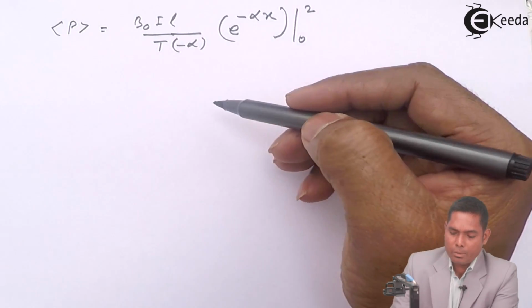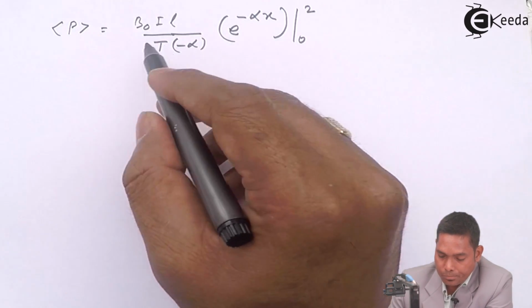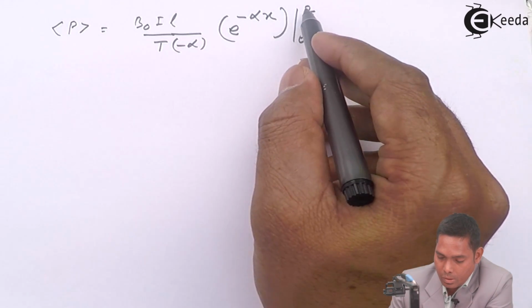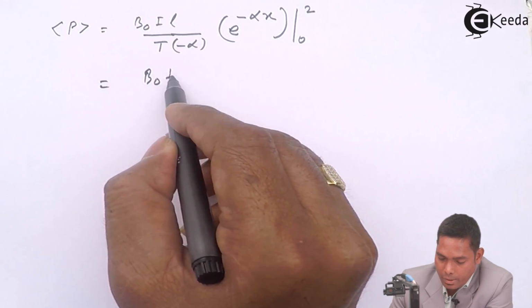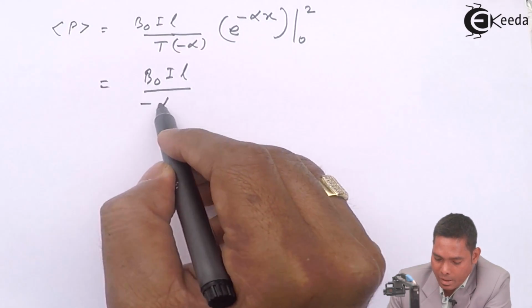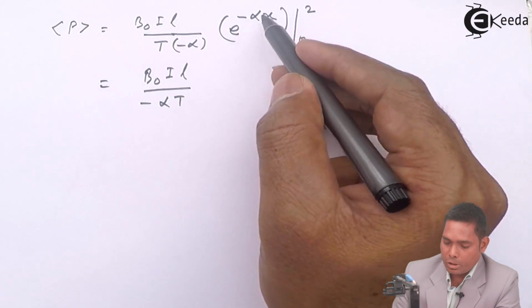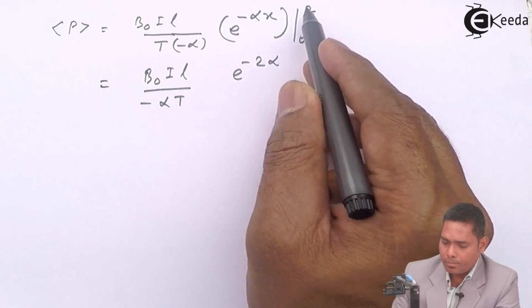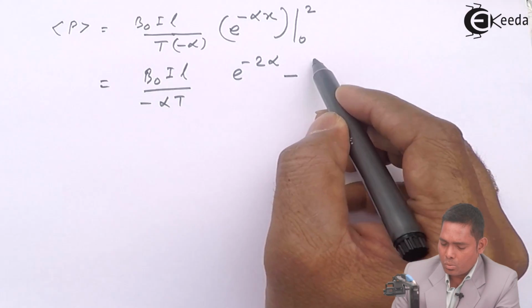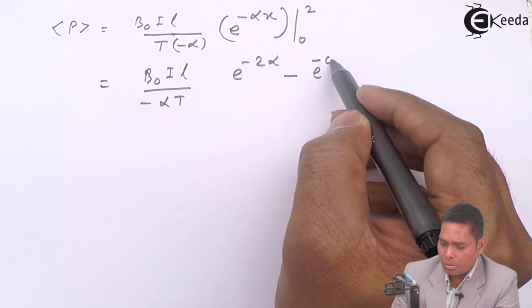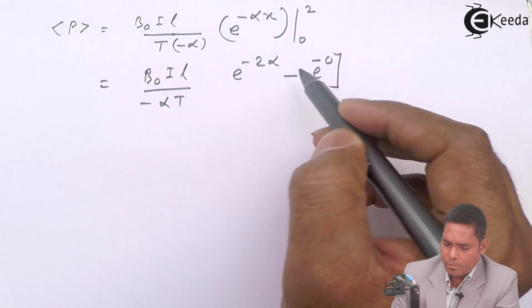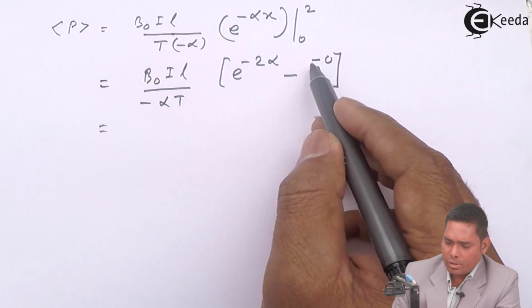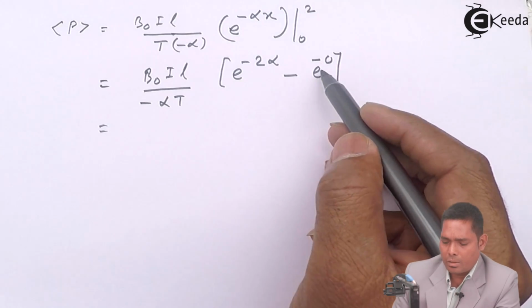If I substitute that value here to solve it, then it is B naught Il divided by minus alpha T, and e raised to minus 2 alpha minus e raised to minus 0. Put this 0, it will become 1.